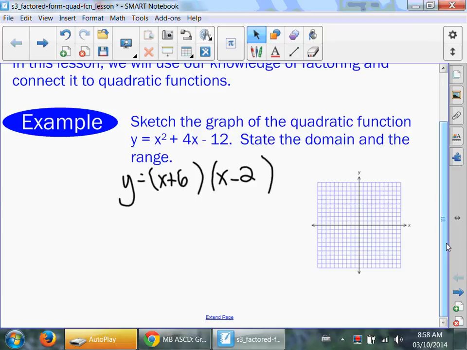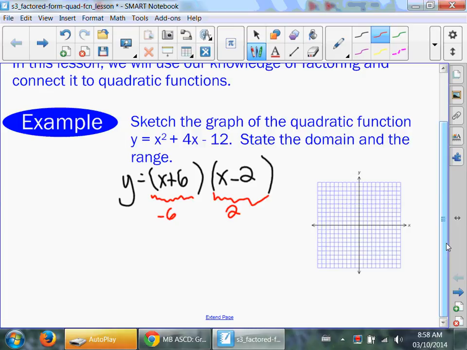From that, what we have to consider is what value of x makes that 0, and what value of x makes that 0. Now, the first bracket, negative 6, would make that 0. The second bracket, 2, would make that 0. You might think, how's Hutton doing that?